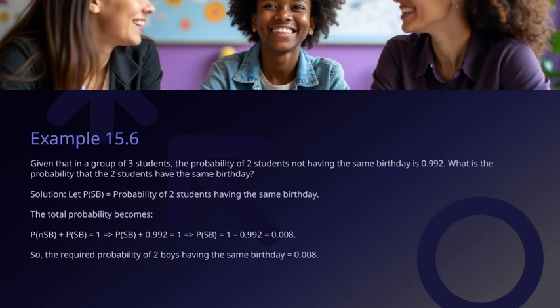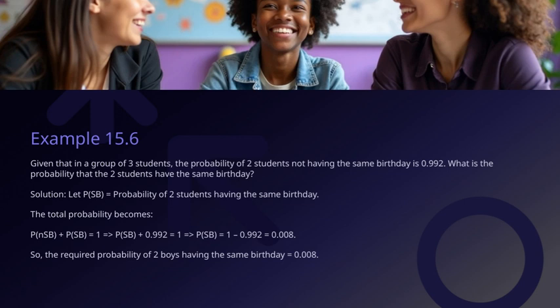Now, to clarify, P(SB) is the probability of two students having the same birthday. Given that, in a group of 3 students, the probability that 2 students do not share a birthday is 0.992, what is the probability that they do share a birthday? This is a good example to understand how small these probabilities can be, but also how they are calculated systematically.